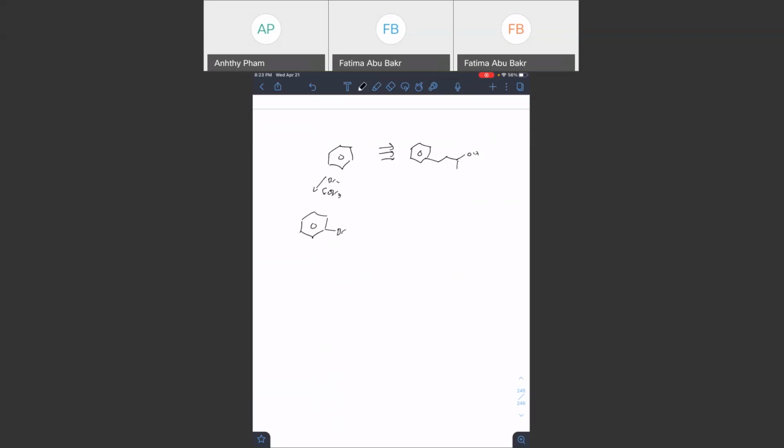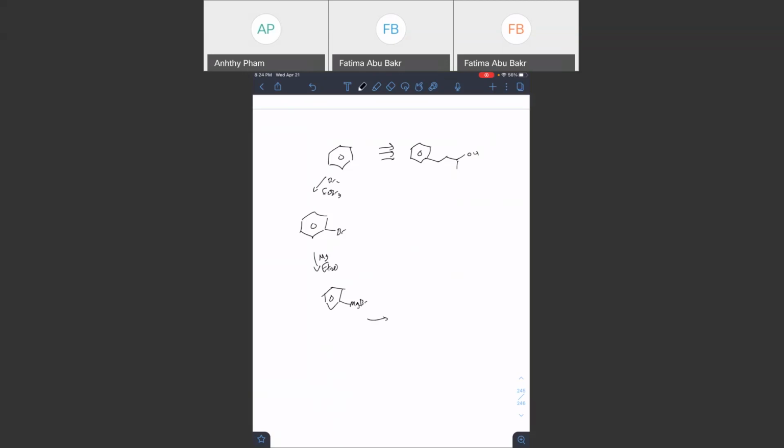After that, we can change this to an MgBr, and that'll give us this. Then from that position, we'll have to do a Grignard. We'll actually have to do almost two steps here, because the first step is going to be to include one more carbon.